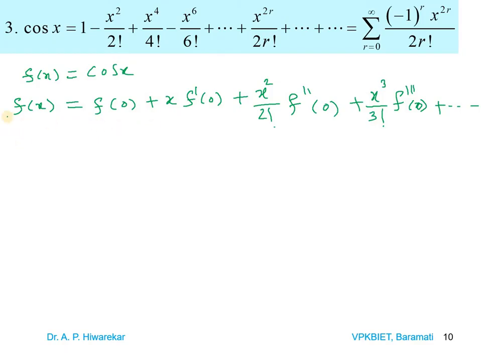Here more terms are required, and once we have the series, we can easily write.